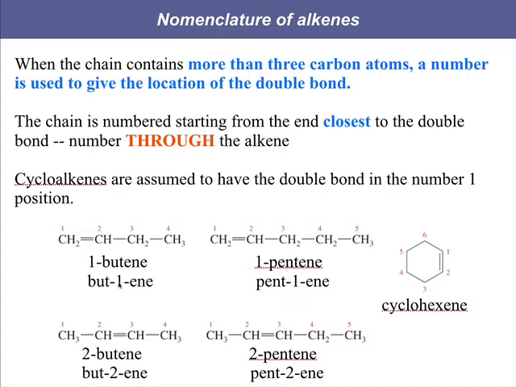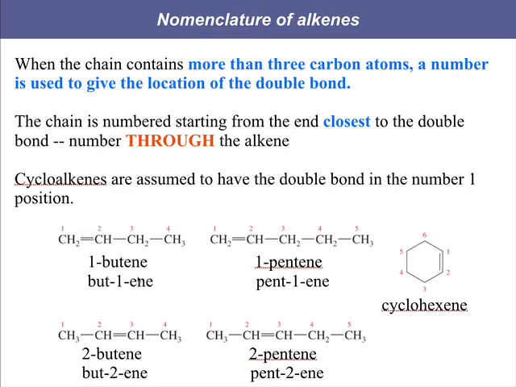Now, why do we do that? It actually is a lot more logical because now the 1, the number that indicates the position of the alkene, directly precedes the ene. Remember when we were naming alkanes, we had something like 3-bromo or 4-isopropyl or 2-methyl or 3-methyl or 2,2,6-trimethyl.